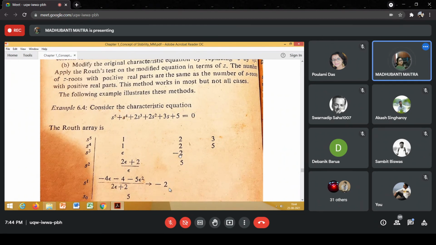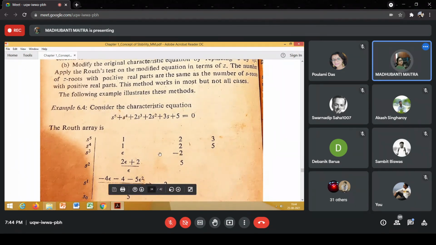Have you computed this term? Yes, ma'am. So this is -2, right? So that means this particular row does contain a 0 as its first element, but at the same time, the row does contain some other non-zero terms.